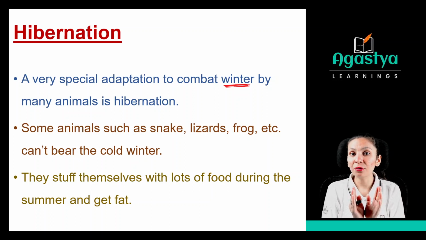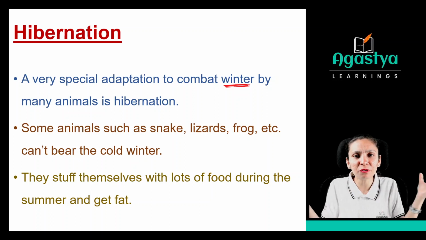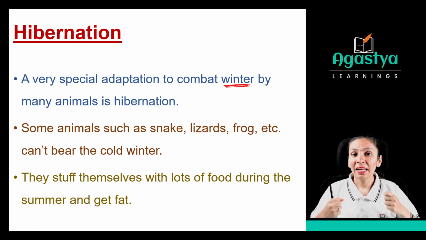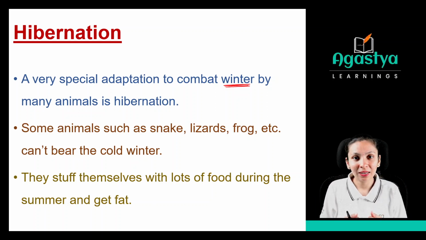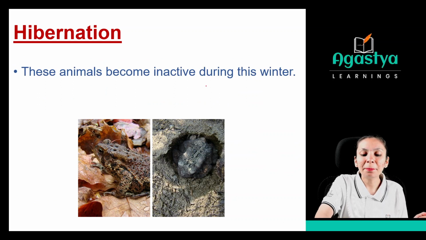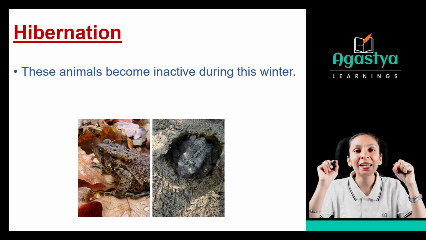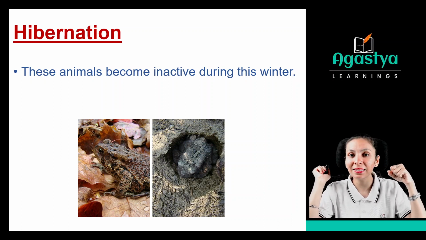See, now we are talking about how they can survive in winter. To survive in winter, they will eat a lot of food in the summer season. And if they are eating so much at a time, they will get fat, right? You know that these animals become inactive during winter. So they have stored their energy, their food, in their body during the summer season.